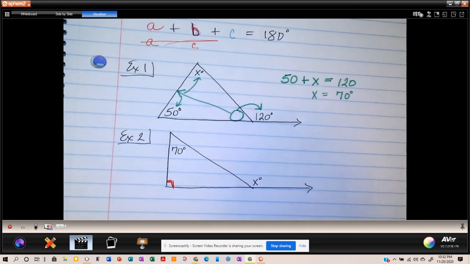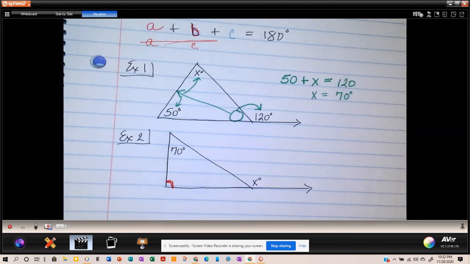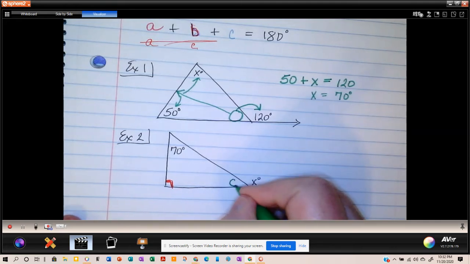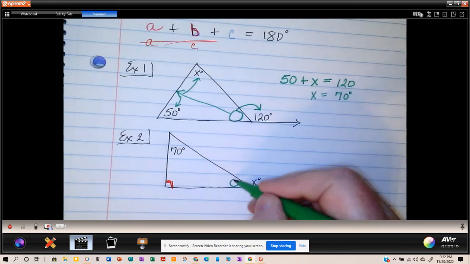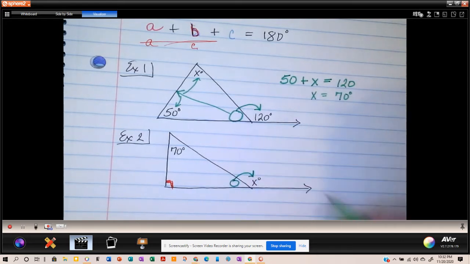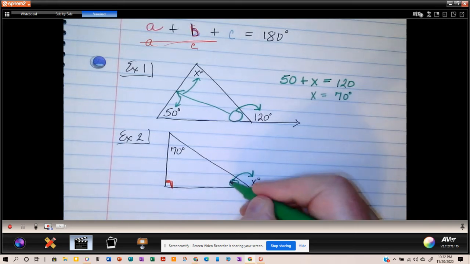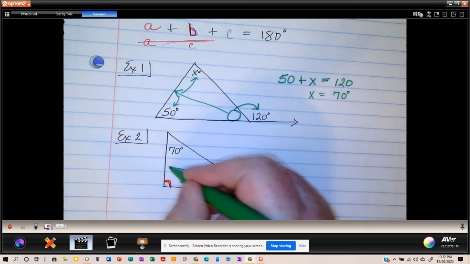Well, I've got to find x, and it's related to this inside corner, because this inside corner has to help him out, because it's supplement to that one. Where does it get its help from? It gets its help from the ones across the way.